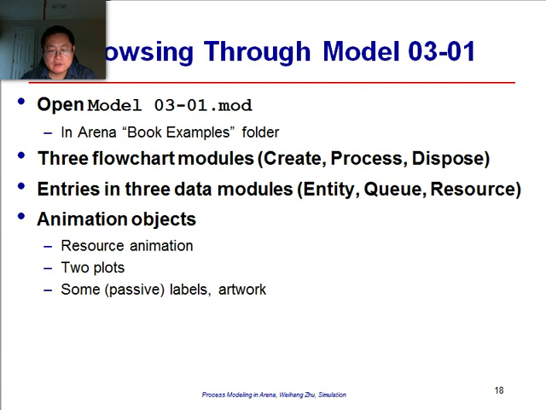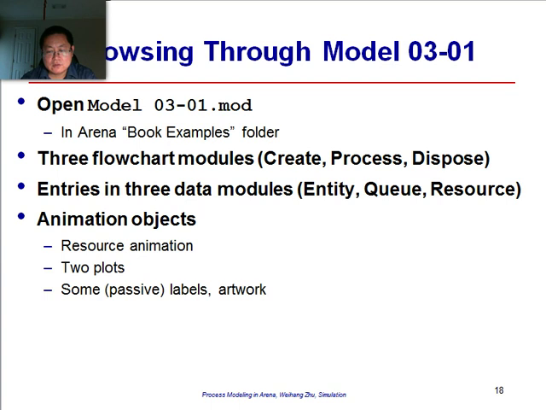Let's open Model 3-1 mod file in Arena. This file can be found under the Book Examples folder. As we introduced earlier, this example is the model of the GeoPress problem in Chapter 2. There are only 3 modules: create, process, and dispose.